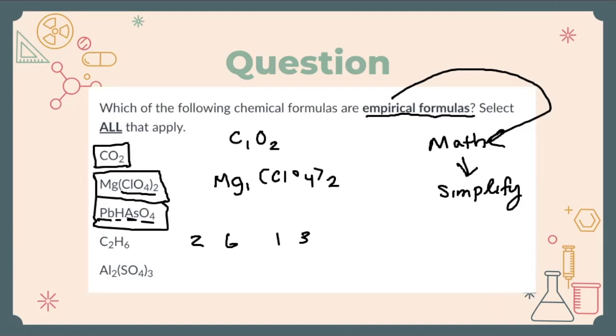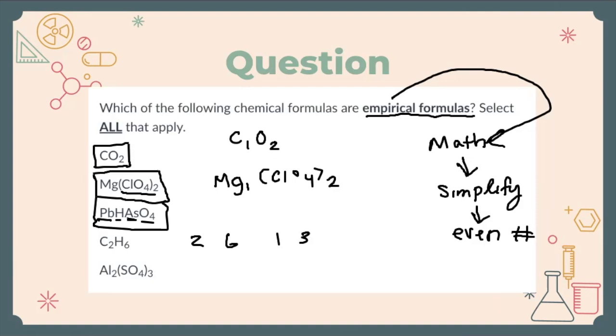So we know that C2H6 is not an empirical formula. Another way to think about this, if you have all even numbers, it's most likely not an empirical formula because then it can all be divisible by 2.